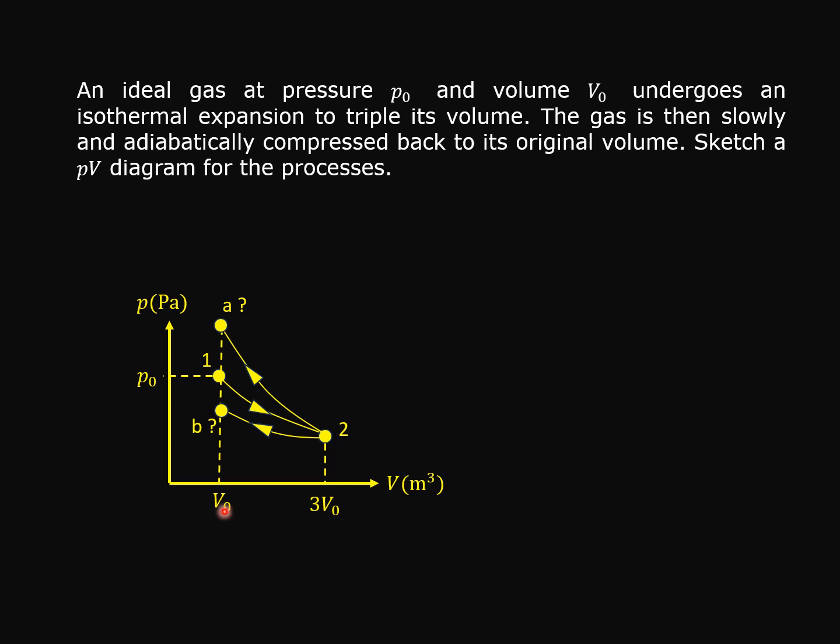So that means A, state 1 and state B are on the same vertical line. Now we need to know which one is correct for the adiabatic compression, the curve from state 2 to A or from state 2 to B. Which one is correct?